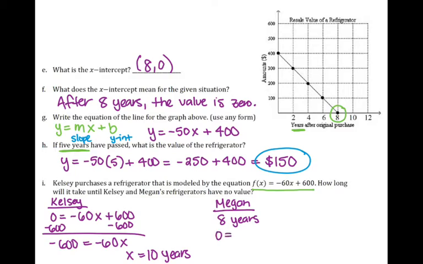So I have 0 equals negative 50x plus 400. I can subtract 400 from both sides. That gives me negative 400 equals negative 50x. And of course, we are still going to get 8 years. So essentially, Kelsey's refrigerator value lasts longer than Megan's.